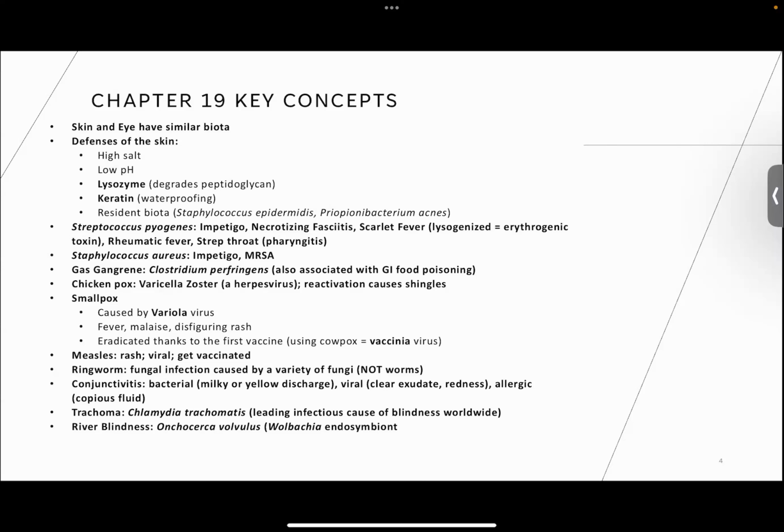But anyways, that leads to myonecrosis and other issues. So that's Clostridium perfringens specifically. It'll pop back up again when we talk about GI food poisoning, because it makes a toxin associated with consuming certain types of foods as well. It's a bacteria that's found pretty much everywhere, like a lot of the Clostridiums are.